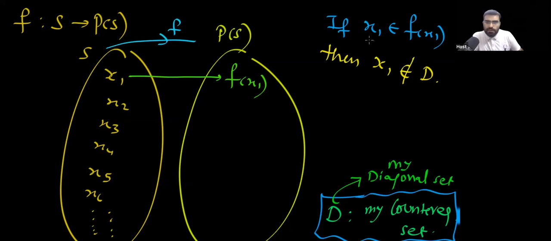So what I'm doing: if x1 belongs to f(x1), then I will not put it in my diagonal set.